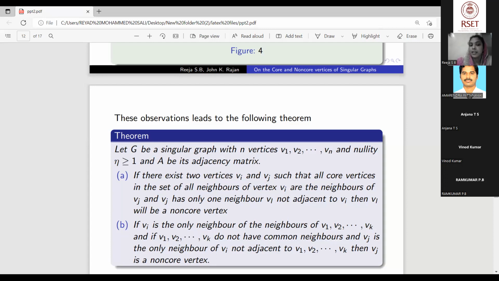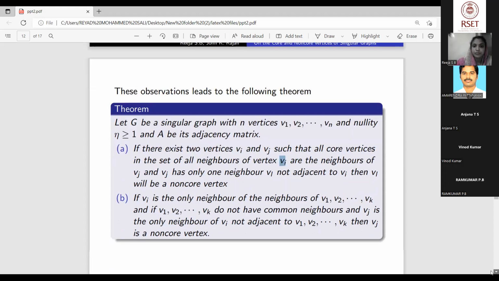B, if vi is the only neighbor of the neighbors of v1, v2, etc., vk, and if v1, v2, etc., vk do not have common neighbors, and vj is the only neighbor of vi not adjacent to v1, v2, etc., vk, then vj is a non-core vertex.